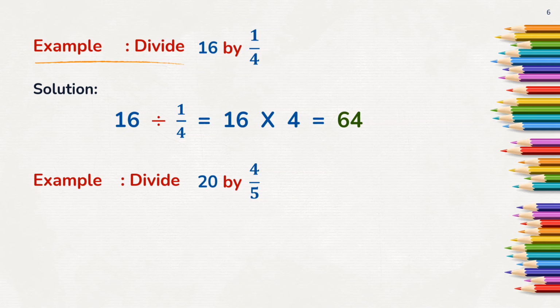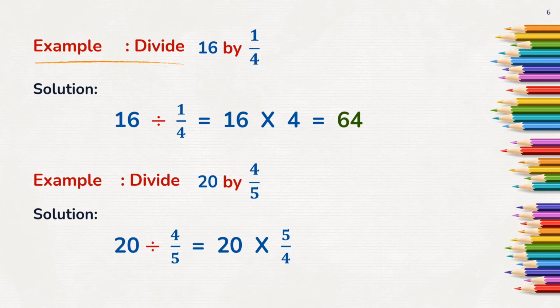Look at another example. Divide 20 by 4 by 5. First step, change the division sign to multiplication sign and multiply the given whole number by the reciprocal of the fraction. So reciprocal of 4 by 5 is 5 by 4.